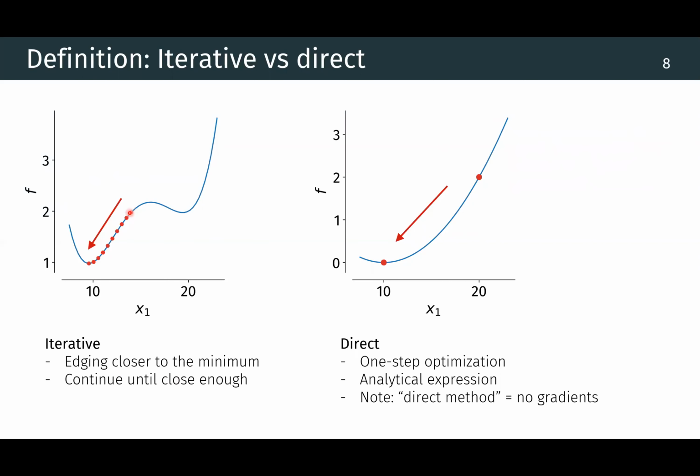So I start at some point over here, and then I figure out which direction is downhill. Then I move ever so slightly in the direction of downhill, and then I rinse and repeat. And this approach is called iterative, because you basically iteratively come closer to the minimum, and then at some point you decide that's good enough. So this usually means many small steps.